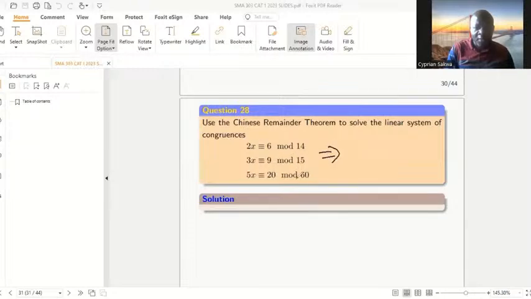So divide through by the common factor first. 2 was common here, and now 3 is common here, so this would be 3 mod 5. And 5 is common, so divided by 5, that would be 4.